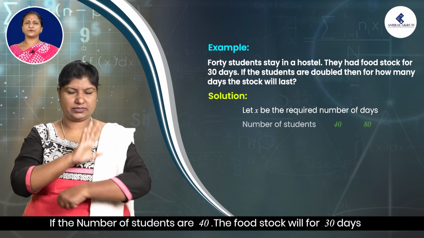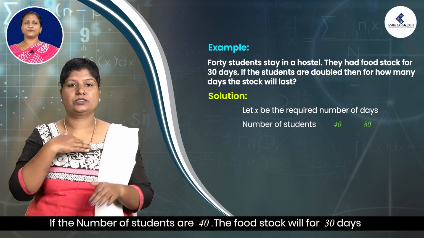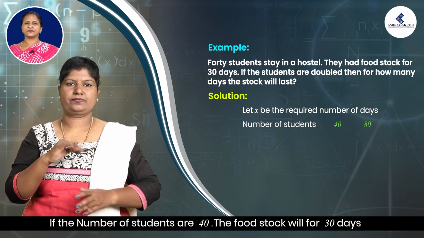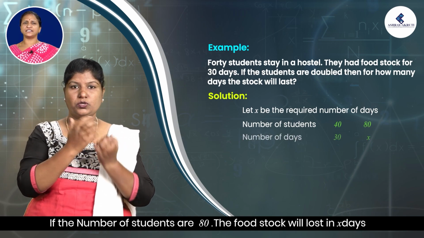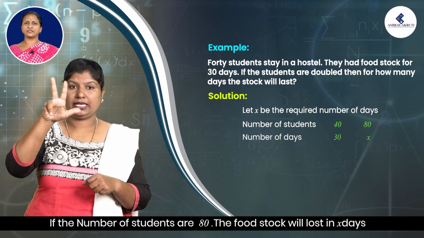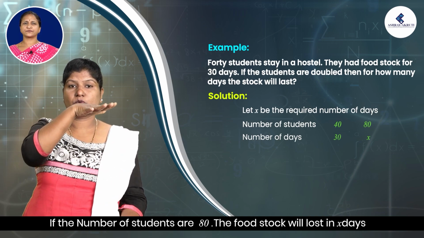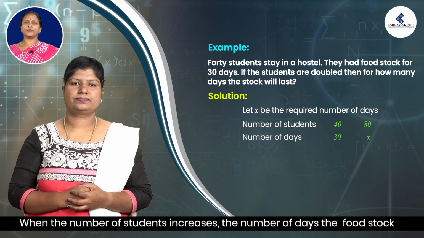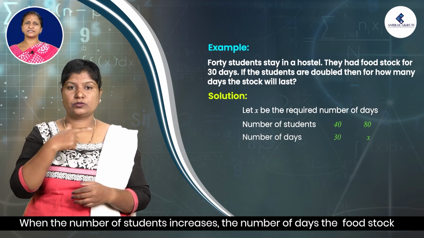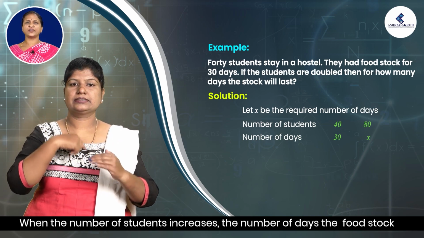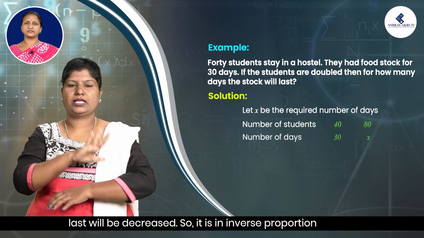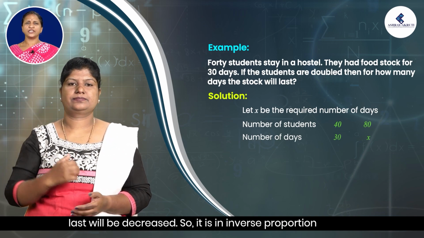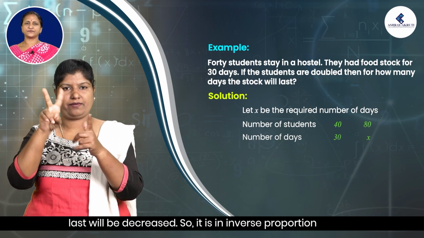If the number of students are 40, the food stock will last for 30 days. If the number of students are 80, the food stock will last for x days. When the number of students increases, the number of days the food stock lasts will decrease. So, it is in inverse proportion.